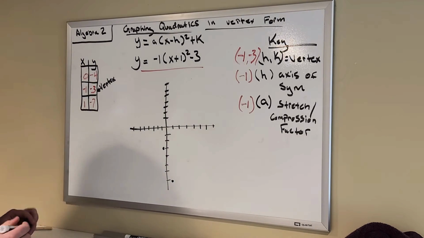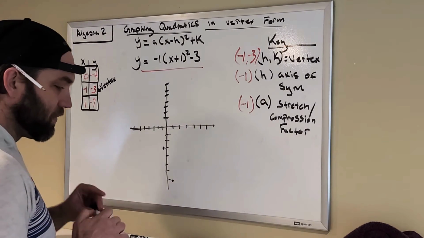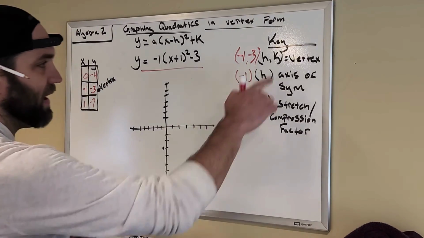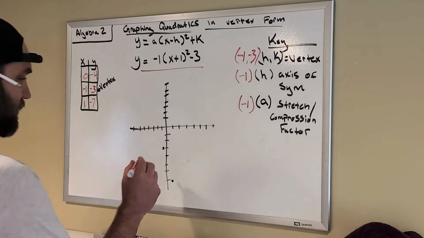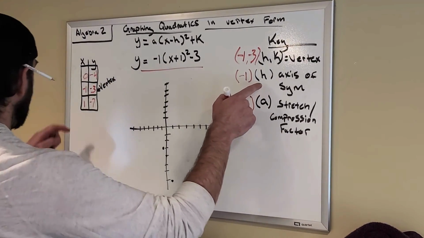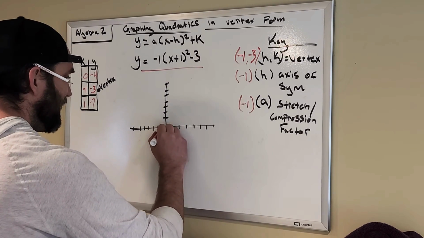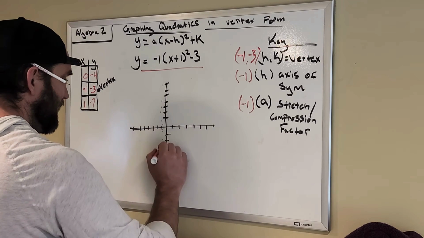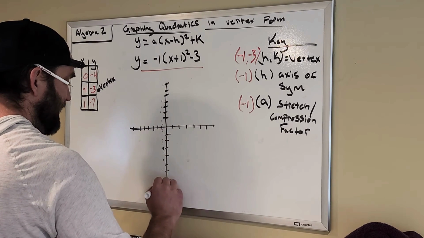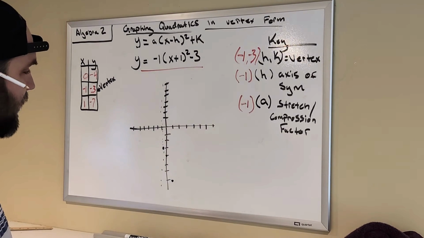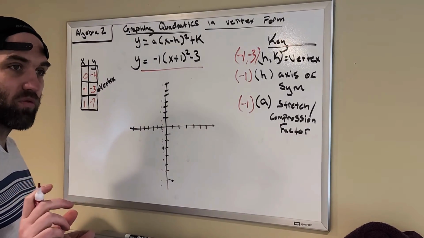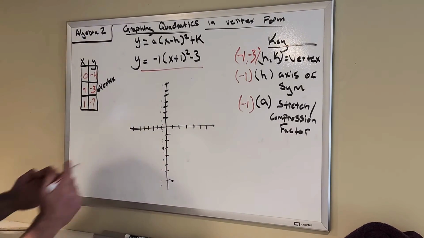That's my last point. Now, here's where I utilize my axis of symmetry. My axis of symmetry is, as we talked about, at negative 1, which means that there's a line that goes up and down right at negative 1. And we have to find what's on the other side of this line.